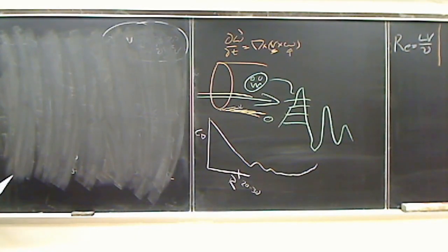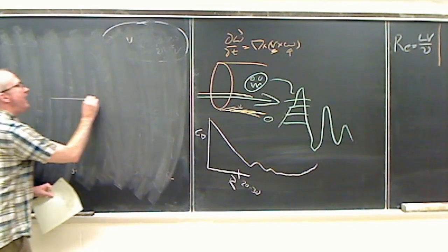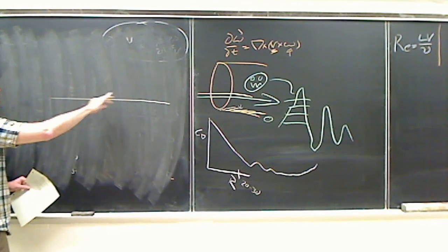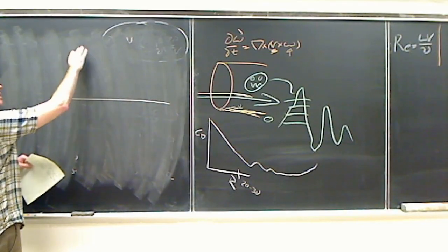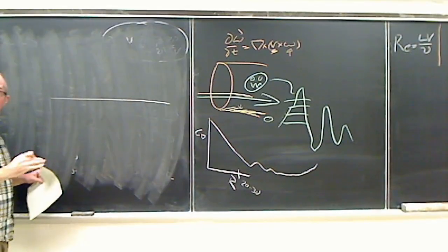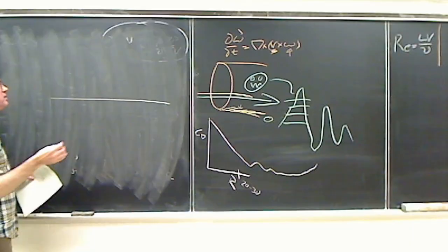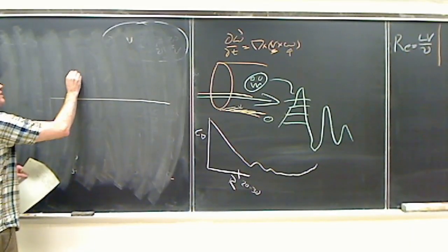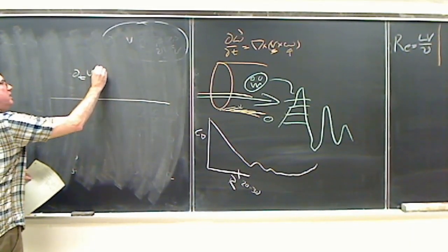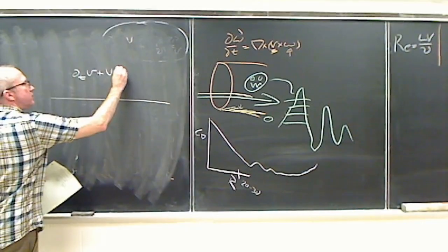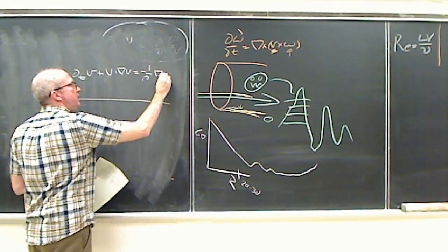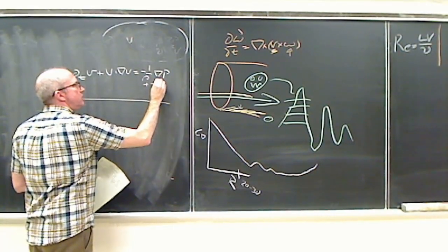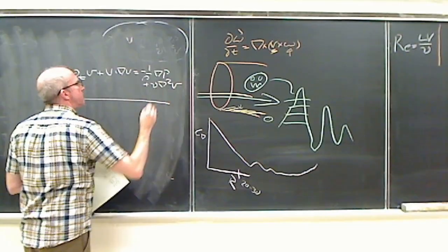So if I have a surface, this could be the inside of a pipe, or it could be the side of my sphere, as long as I zoom in close enough so that this part looks flat. That's another physicist stunt. I have dv/dt plus v dot grad v equals minus 1 over rho grad p plus nu del squared v.